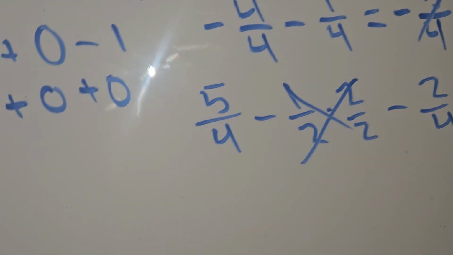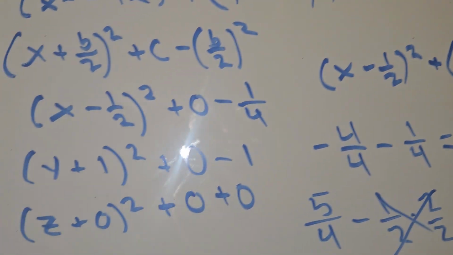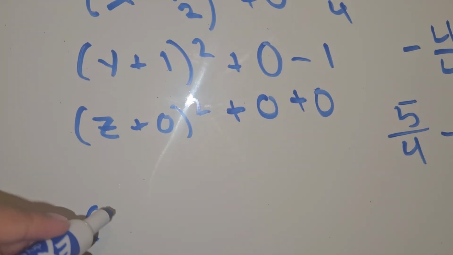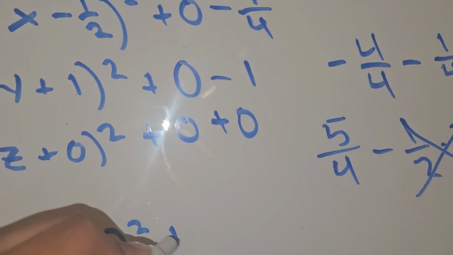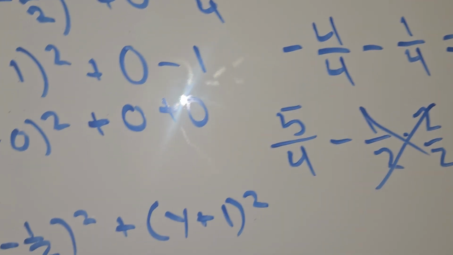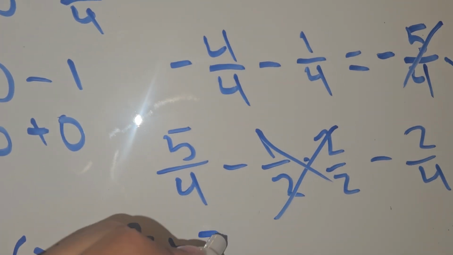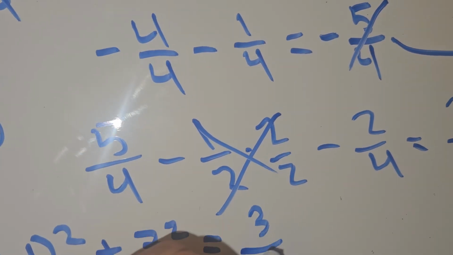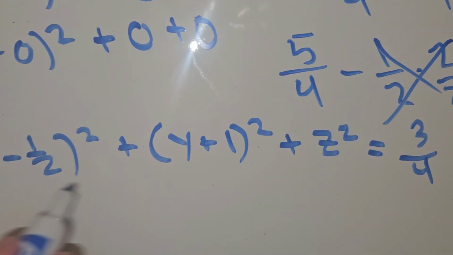Okay, so now the formula for this sphere is going to be x minus 1 over 2 squared plus y plus 1 squared plus z squared equals 3 over 4. Now, this is your formula for the sphere.